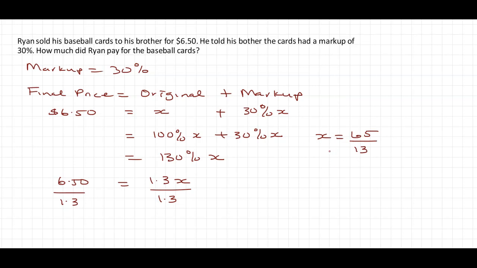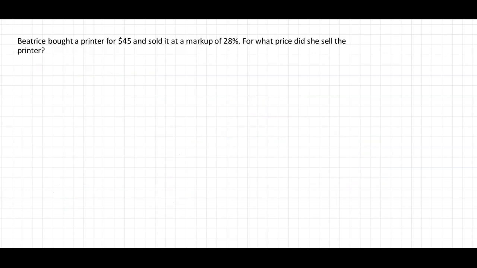And if you put that through your multiplication tables, you'll get that x is going to be $5. So Ryan bought the cards for $5 and sold for $6.50, thereby earning a markup of 30%. You can also see that it's a profit on his sale of 30%.